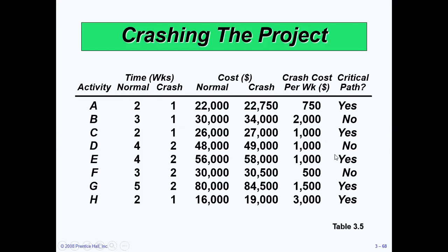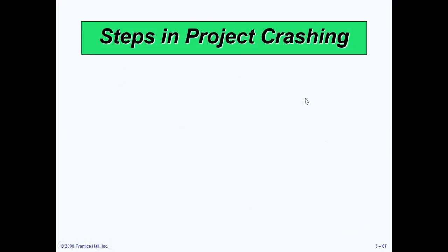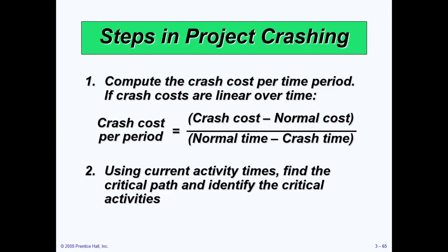So we have to find out the crash cost per week. How do we find the crash cost per week? We have determined this value by applying this formula: the crash cost per period is the crash cost minus normal cost, divided by normal time minus crash time.